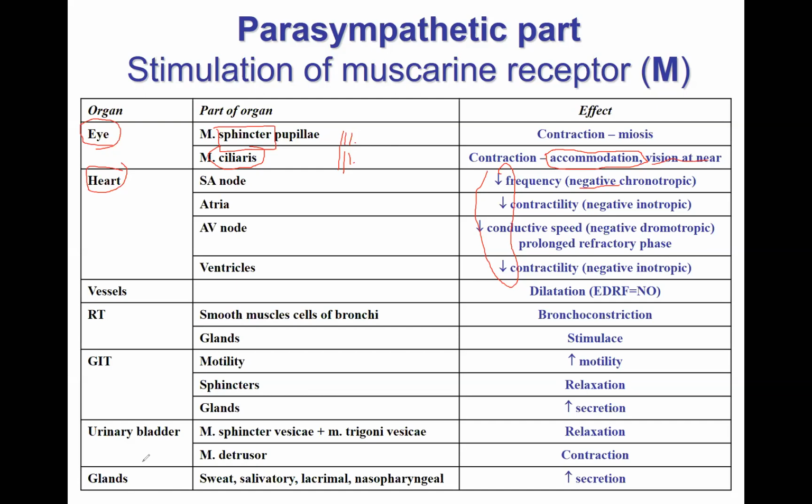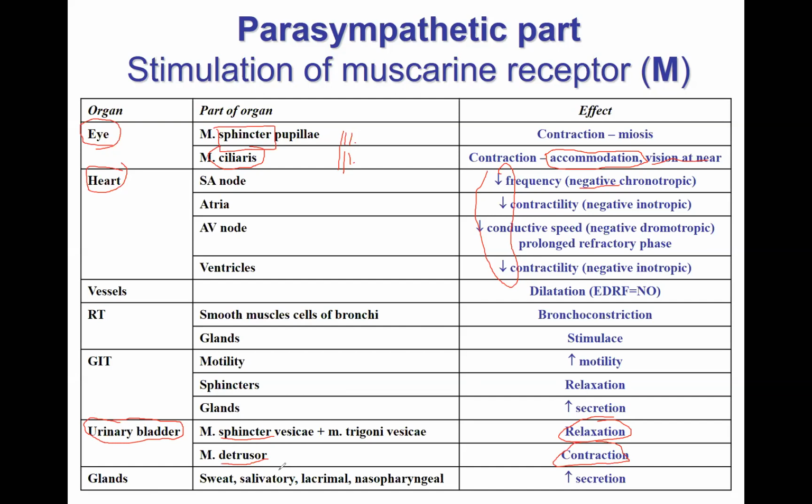And then of course for all other ones. We have talked about the urinary bladder, that parasympatholytics cannot be administered in hyperplasia of the prostate gland, because in the urinary bladder we have a relaxation of the sphincter and a contraction of the detrusor, which empties the urinary bladder.